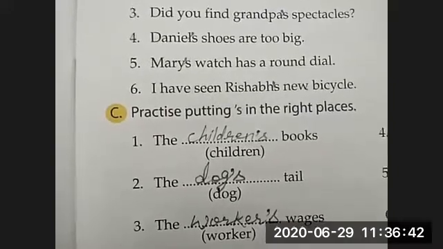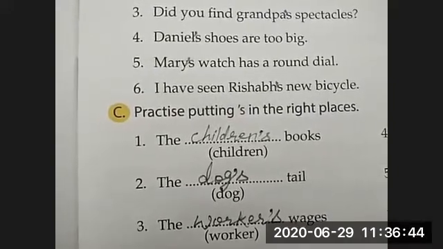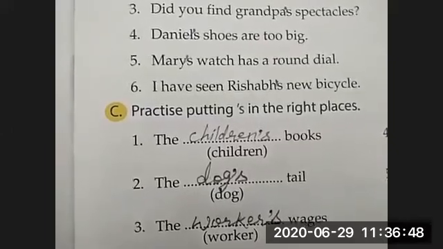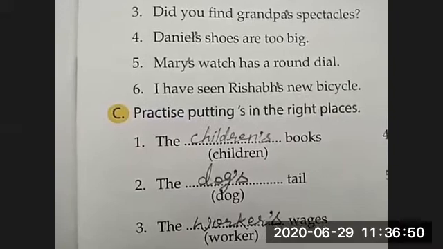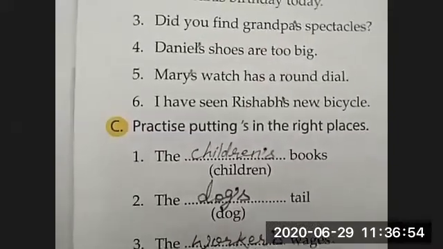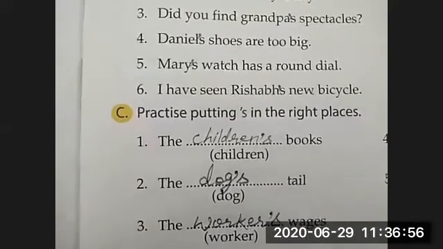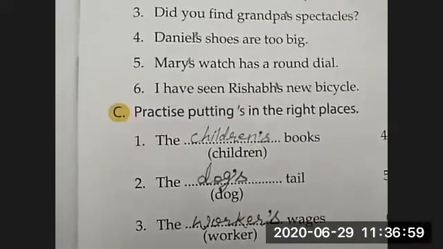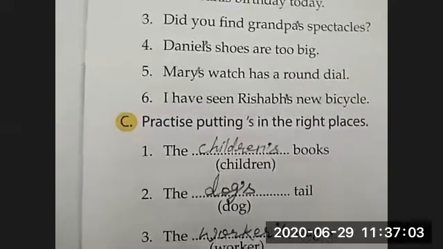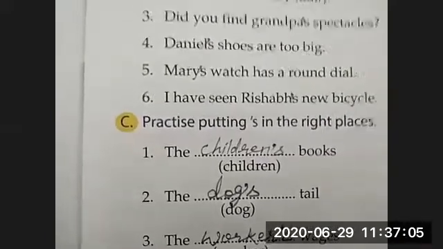For plural nouns, there are two categories. If the plural noun ends in s, we use only apostrophe. But if the plural noun doesn't end in s, like children, women, then we use apostrophe with s.